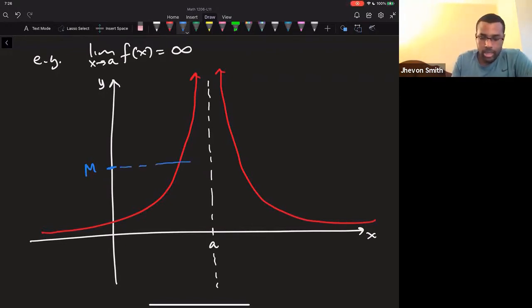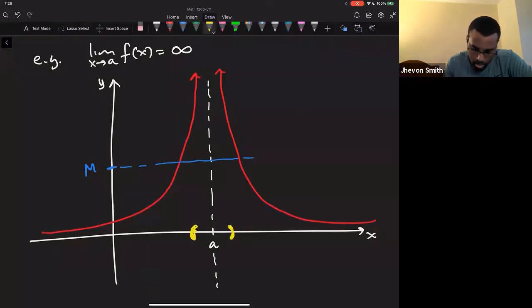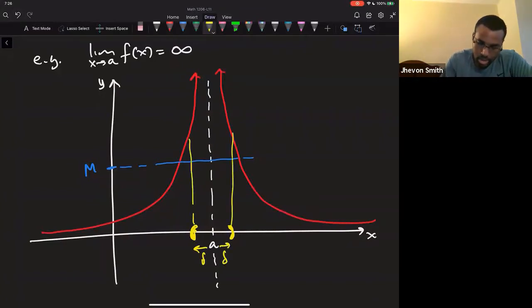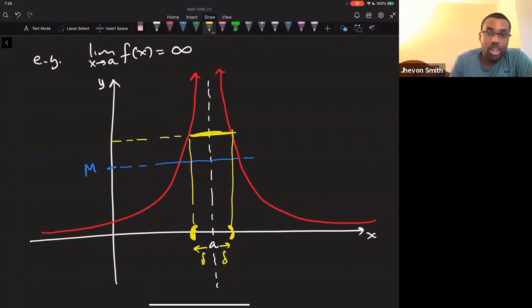The idea is you should be able to get close enough to your a within delta units so that every y value is larger than m.